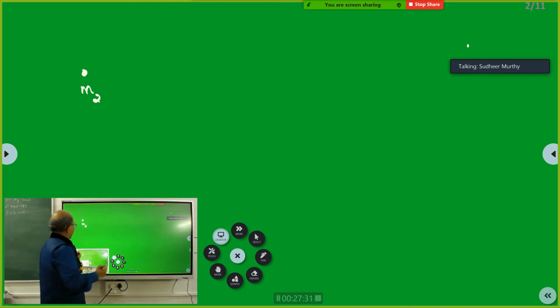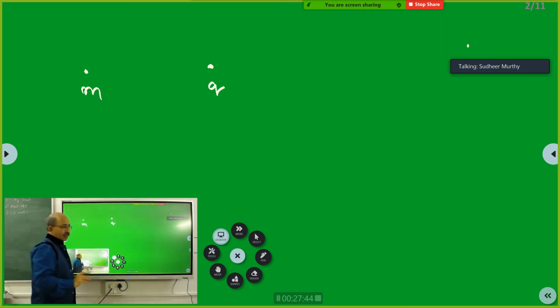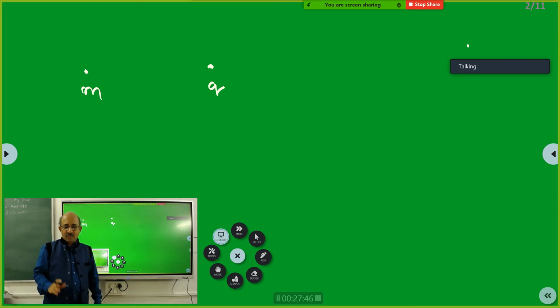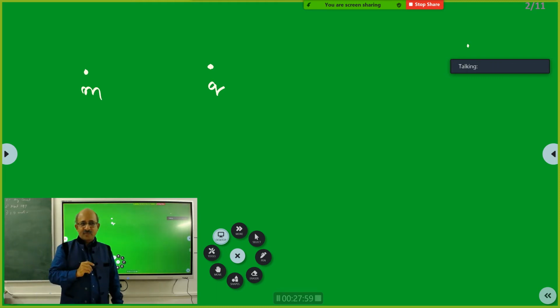One entity has mass, and another entity has charge. Charge is a property. I have one entity which has only charge and another which has only mass. What happens?